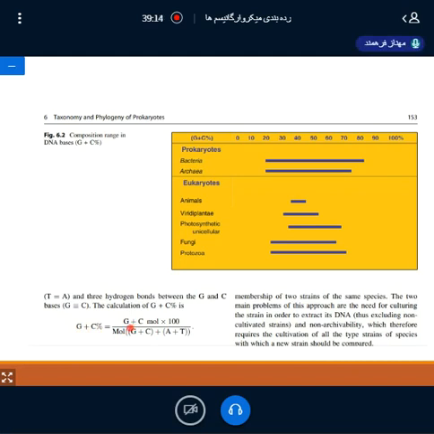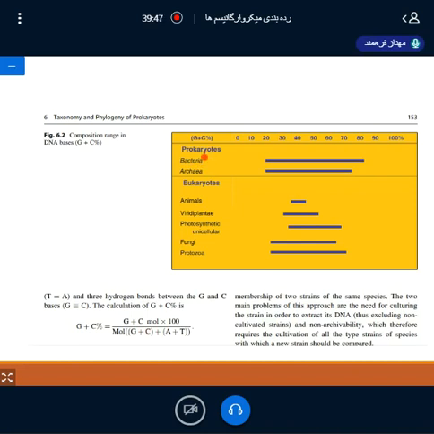You can see at the top guanine plus cytosine mole, and at the bottom mole guanine plus cytosine plus adenine plus thymine. And this is the formulation of calculating this percentage. And now we can see here composition range in DNA base.